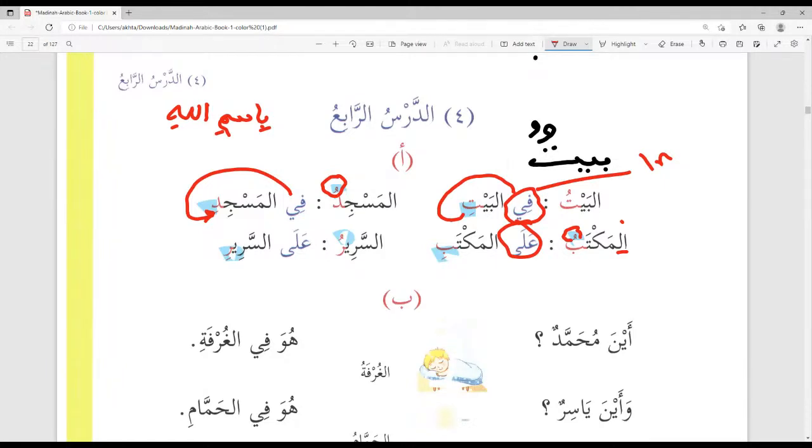So this ba is known as ba lil-isti'ana, the ba that you use for seeking help. When you say Bismillah, you're saying, in the name of Allah, I seek help, and whatever you're doing is understood, muqaddar. That is what you're seeking help for by saying Bismillah.